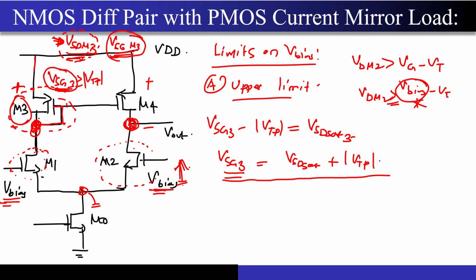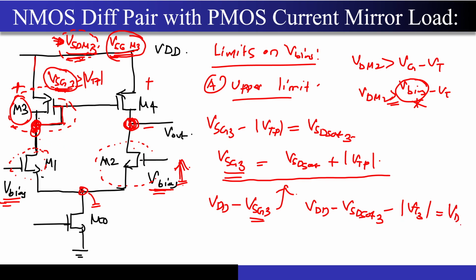So now this particular voltage is VDD minus VSG3, correct? What is VSG3? VSG3 is this particular expression. So this is VDD minus VSD sat of 3 minus mod VT3, correct? This is what I have. Now what I have to ensure is that this drain voltage, which is the drain voltage of M1, has to be greater than or equal to V bias minus VT1, correct?